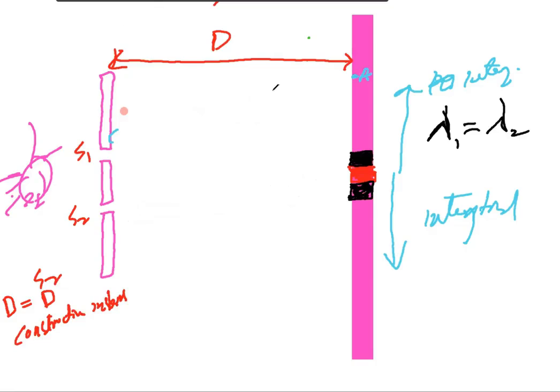Let's say this distance is given to you, and this distance is also given to you. The question is to find whether point A will be dark or bright. So you will draw the point like this. This distance is given to you, that is 4, and this is 6. So you can find this, as this will be a triangle.